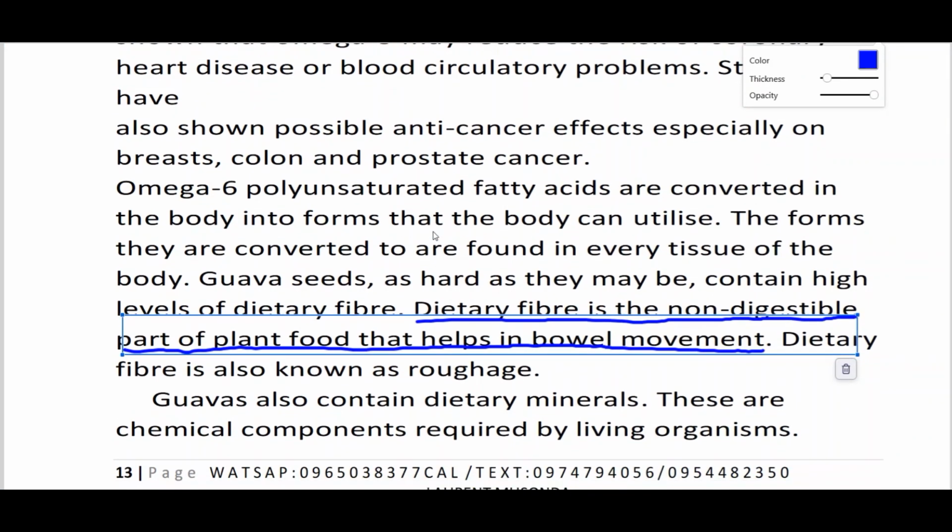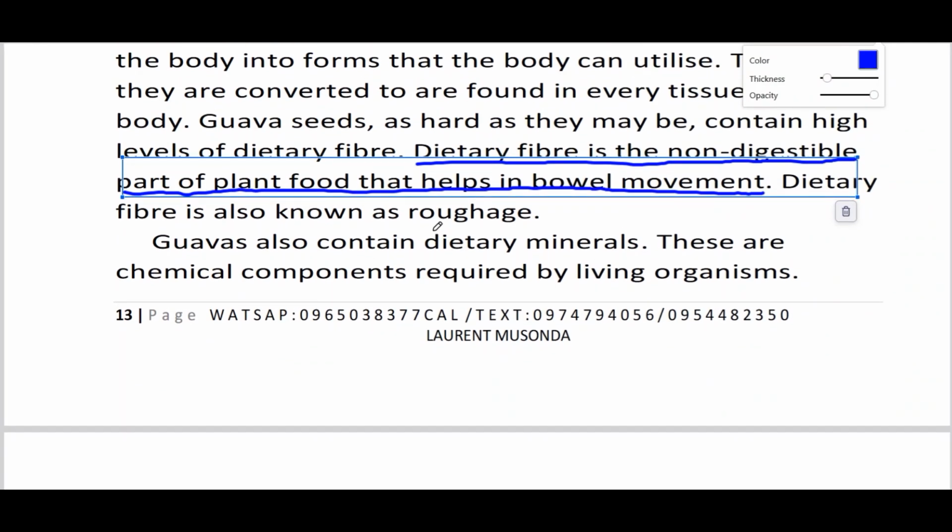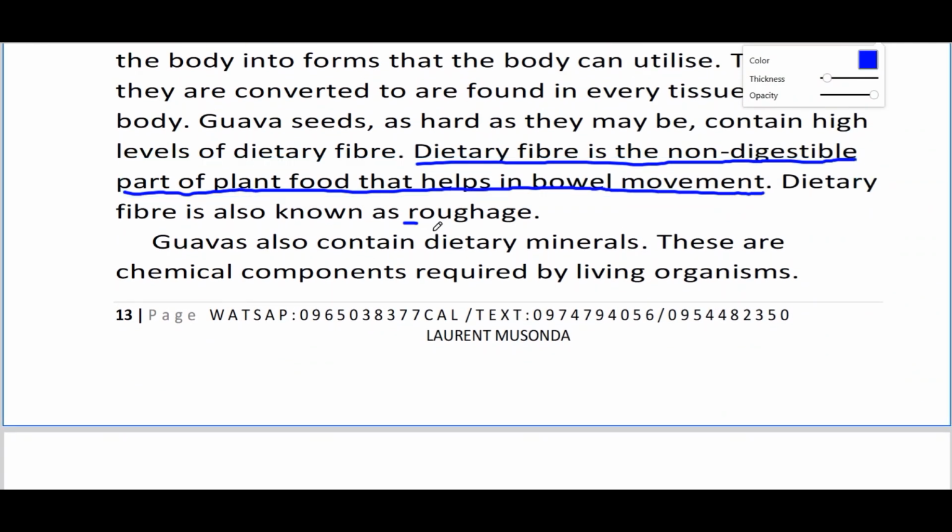Thus, it controls the movement of bowel. Dietary fiber is also known as roughage. Guavas also contain dietary minerals, these chemical components required by living organisms. So that is just an explanation.